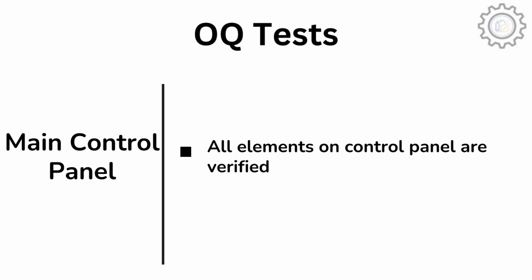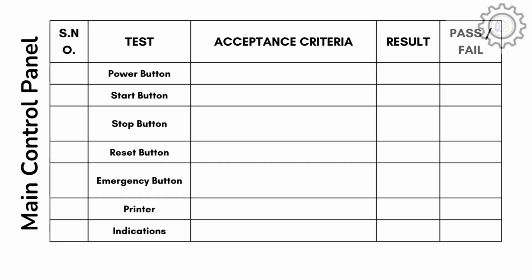In the main control panel test, all elements and components of control panel are verified according to the agreed specification during design qualification stage. In this test, all components are verified according to the design specification. Some components include power button, start button, stop button, reset button, emergency button, printer, and indications.